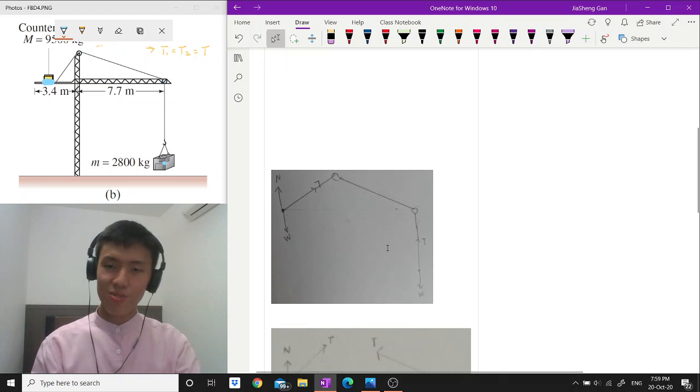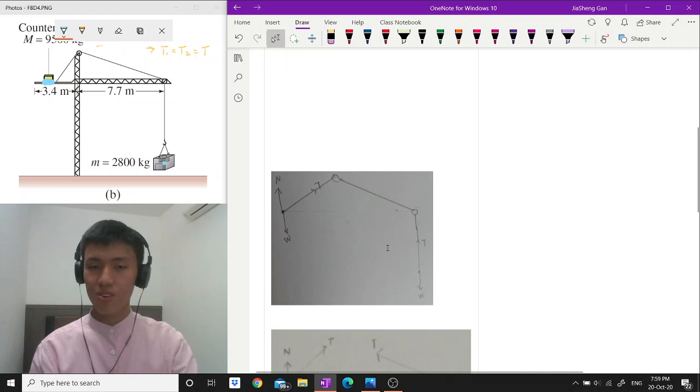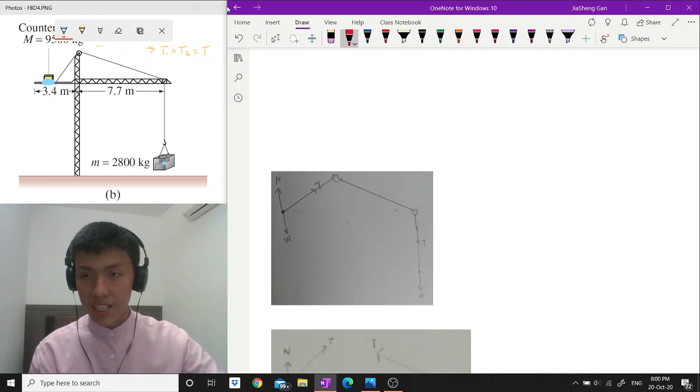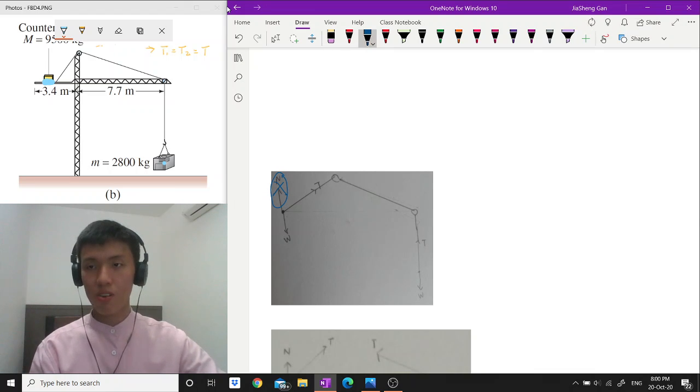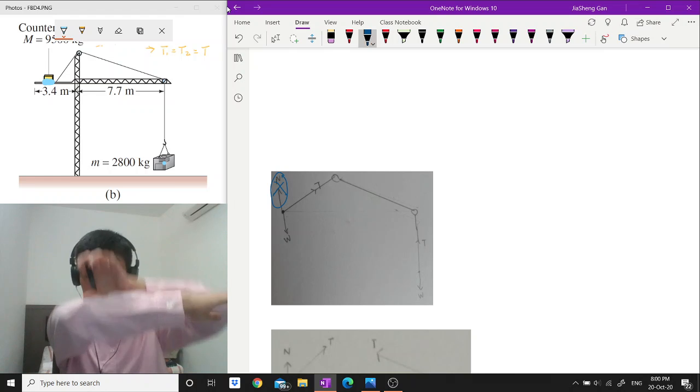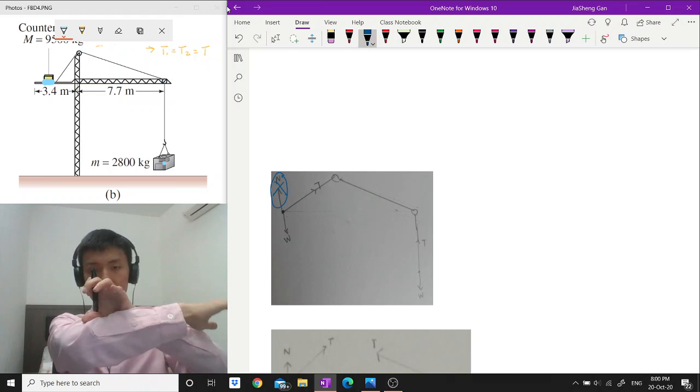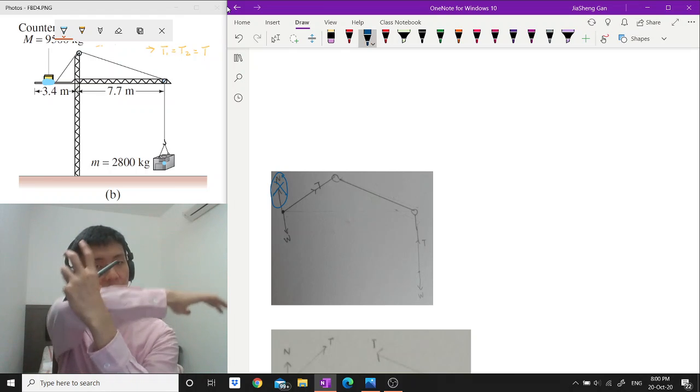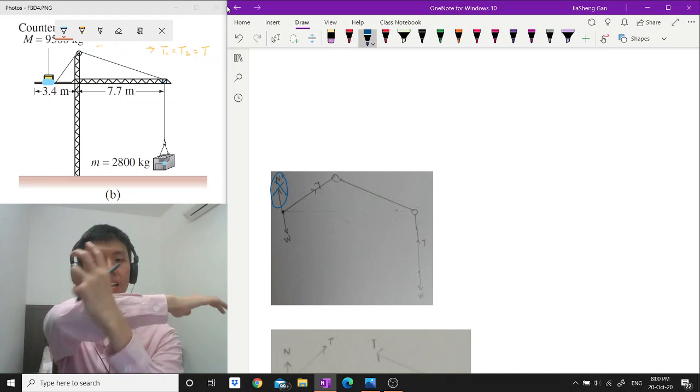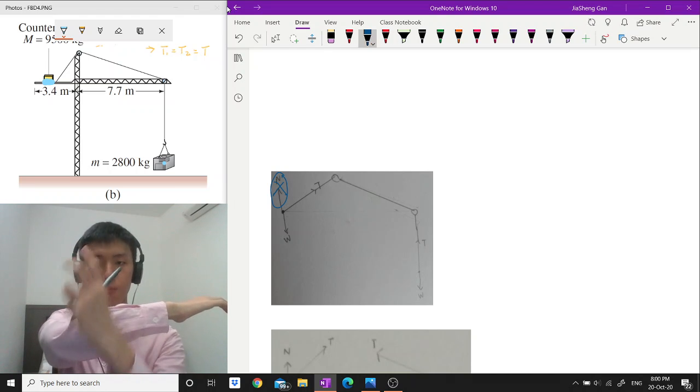It's a bit difficult to discuss your responses. First thing is, I think this weight and normal, as I said just now, you can only have one of them. This normal should be wrong because the box is pushing down on the bar. The bar is pushing upwards on the box, but that's the force felt by the box.